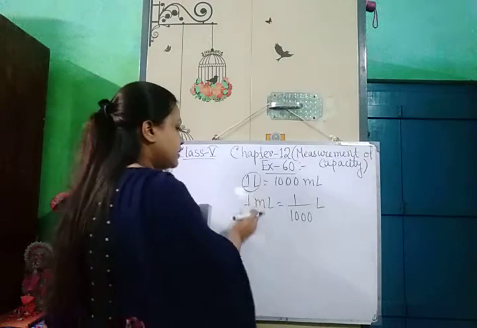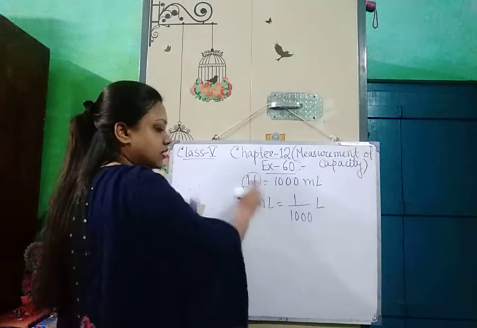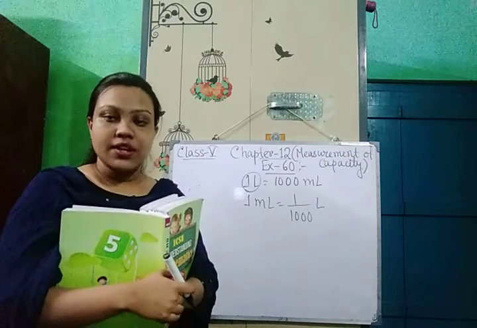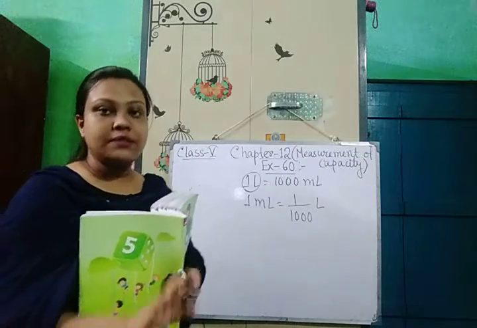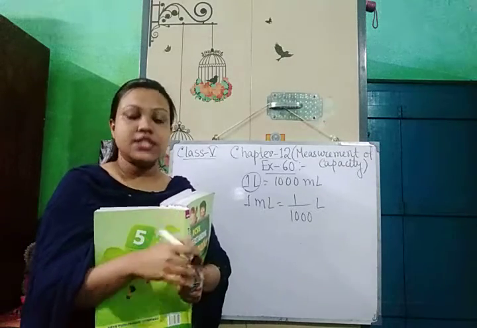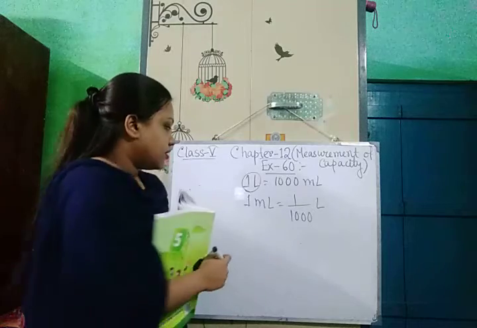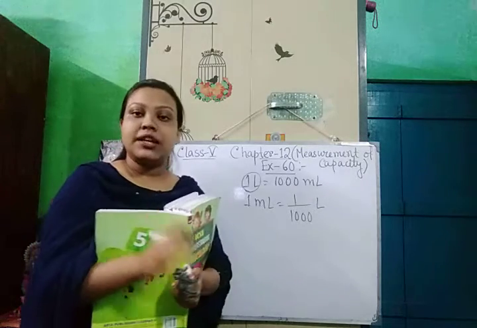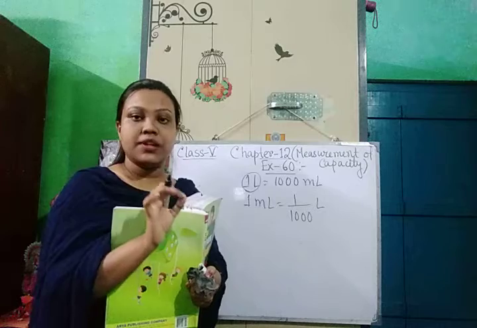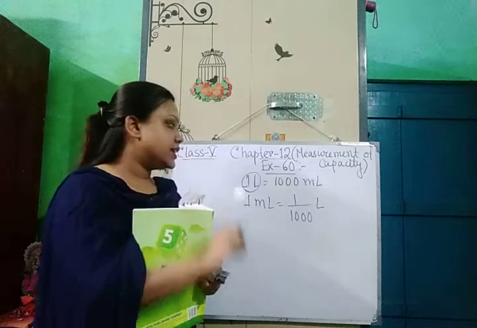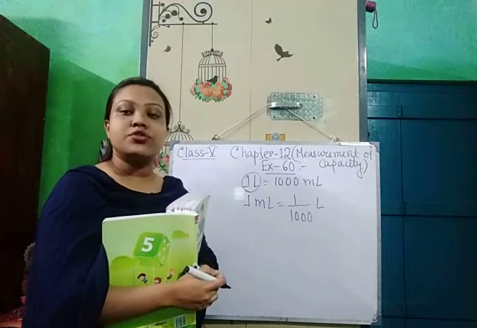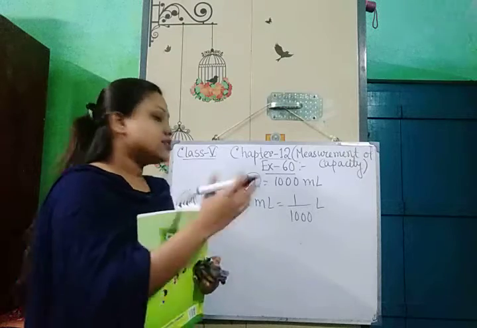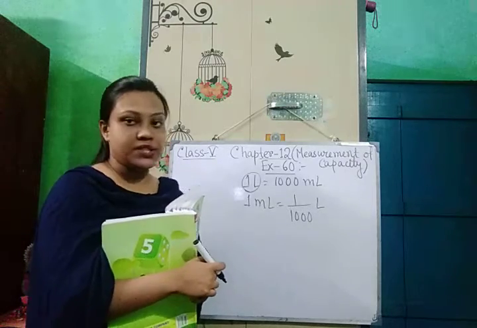And when ml is given, you can divide the number by 1000, then you will get liter. Again repeating, you multiply the given number by 1000 when you are converting liter to milliliter, and you have to divide the number by 1000 when we are converting milliliter to liter. Okay, I hope this is clear.